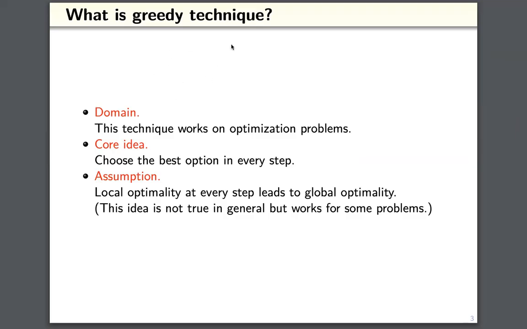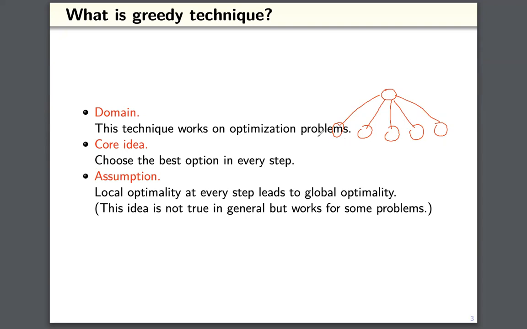Okay, what is the core idea behind greedy? You know the concept of greedy, right? So you want the best, you want as much as possible. Applying that concept here, at every point in an algorithm, in a computer program, you will have to take some decisions, right? Suppose you have to take a decision at this point, and you have 5 or 6 choices in front of you. How would you choose?